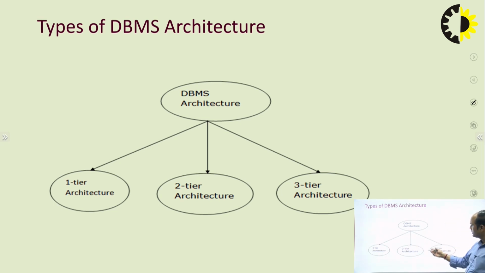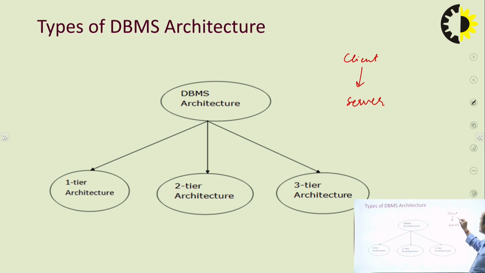What do we mean by 1 tier, 2 tier and 3 tier? In the 1 tier application, we have a client and this is the server. This is called client server. In 1 tier, there is no application layer between the client and server.